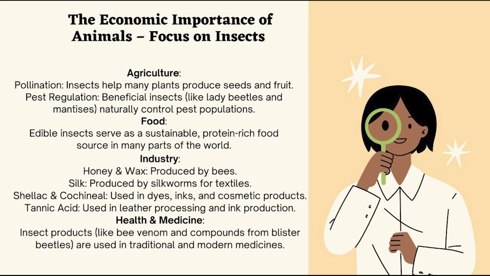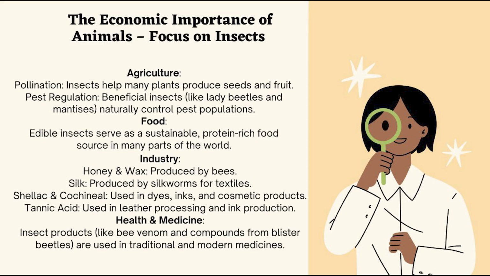The economic importance of animals, which focuses on insects. Insects might seem small, but they have a massive economic impact. In agriculture, they act as pollinators and natural pest controllers, ensuring crop production and a healthy ecosystem.